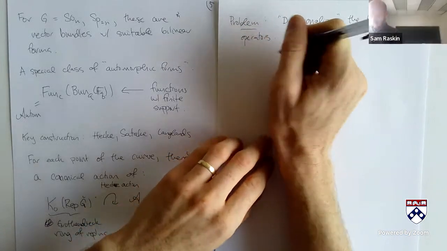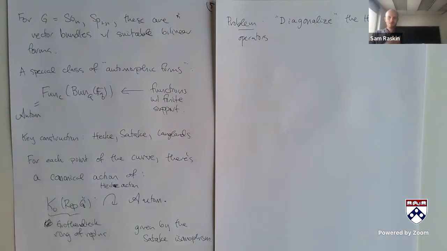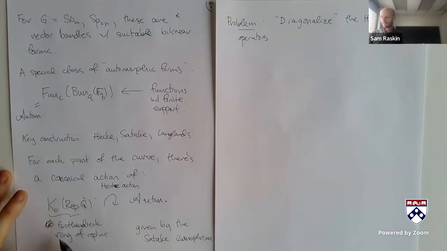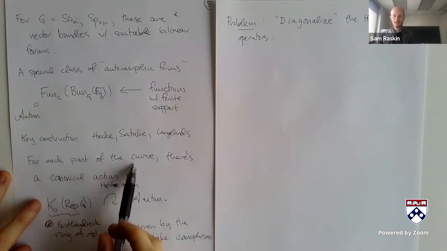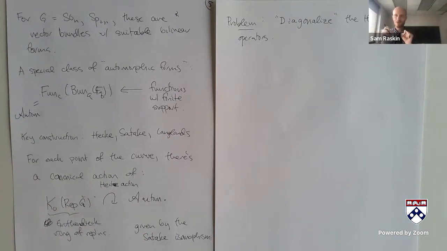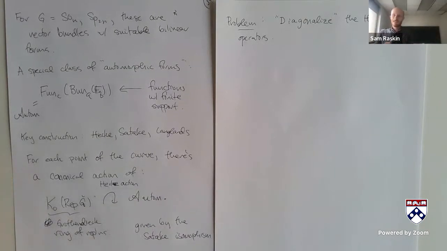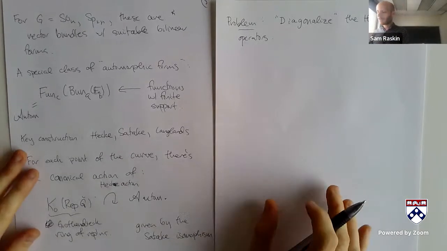Since tensor product of representations is commutative, this is a commutative algebra. I said that this happens at a point, but if you do it at two different points, they don't interact with each other at all. In other words, they commute. And so you get a huge commutative algebra acting on this vector space. And it makes sense to try to diagonalize the operators.